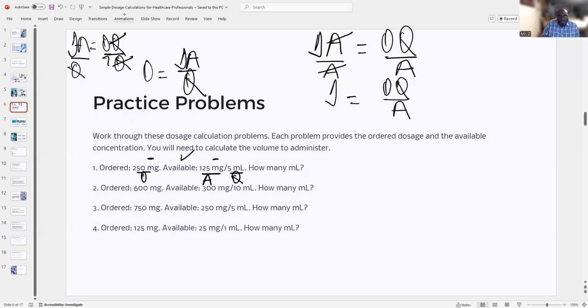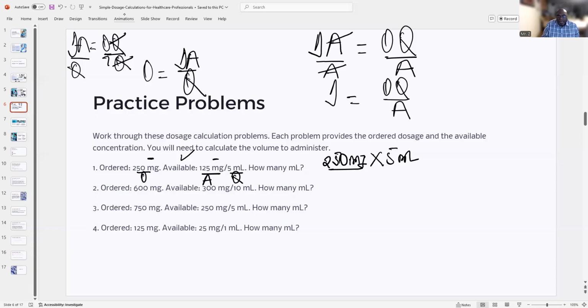So question number 1, you will do what? Let's do it together. Get your calculator. What you got? Good job. So you're gonna get the 250 milligram multiplied by 5 ml, divide that by what?